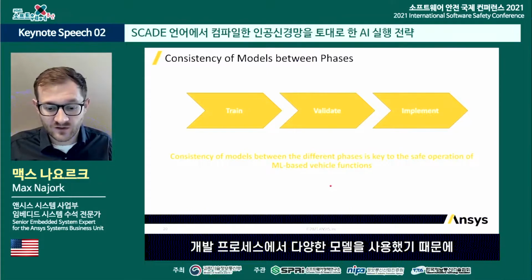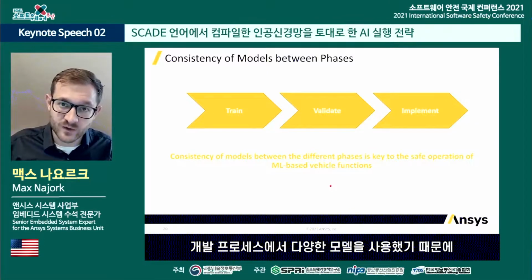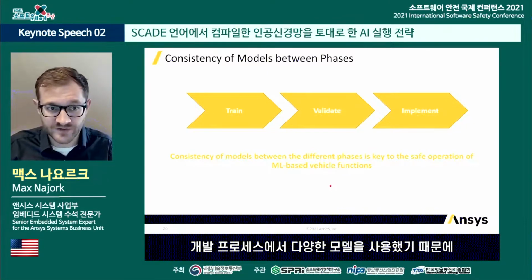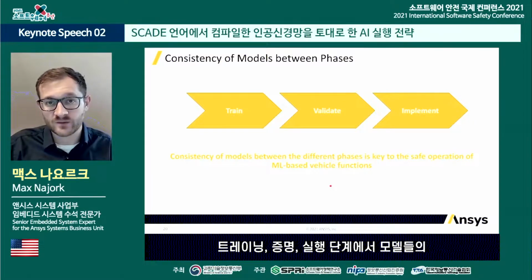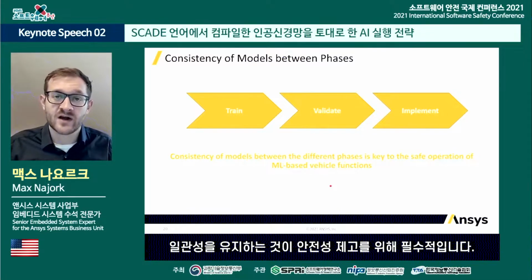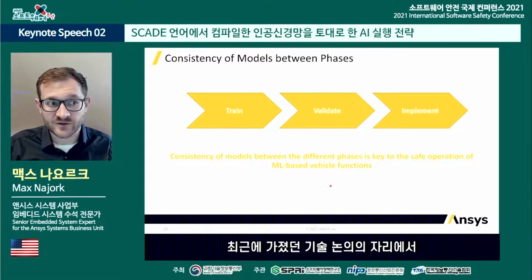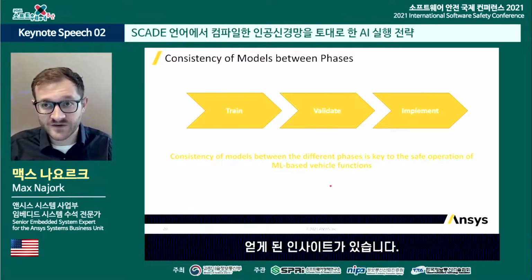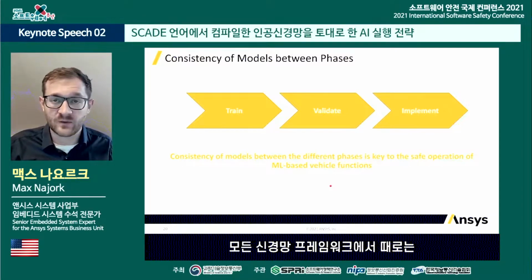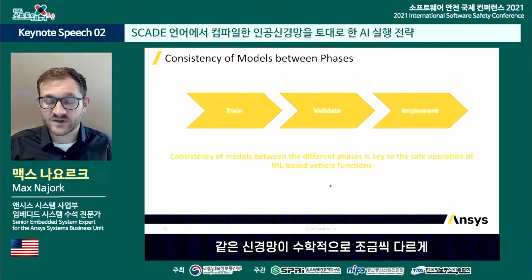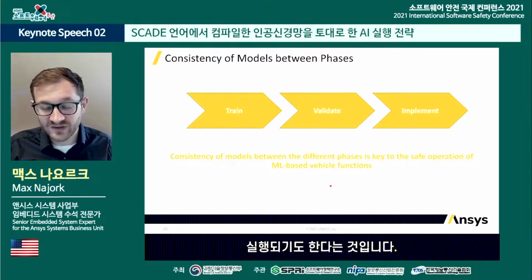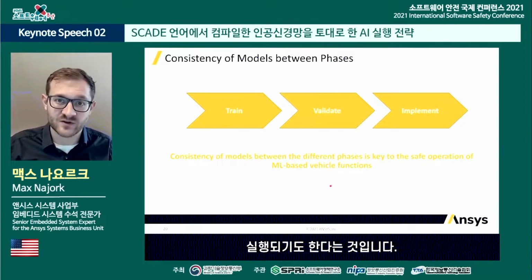Now, of course, when we use models during our development process, the consistency between models, between the phases of training, validation, and implementation is absolutely key to achieve a safe implementation. Interestingly, I've been following some tech talks recently, and one of the key insights was that every neural network framework sometimes considers a slightly different mathematical implementation of the same neural network.